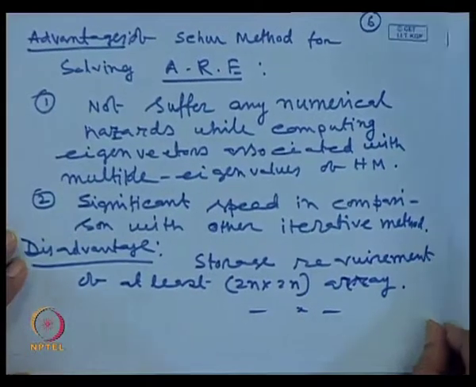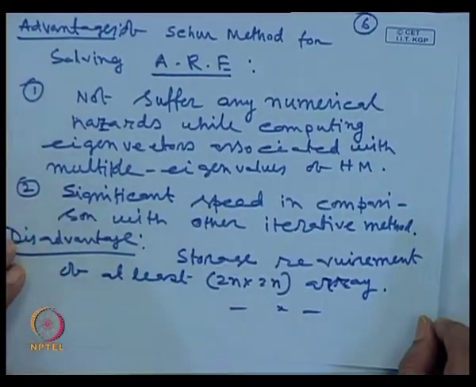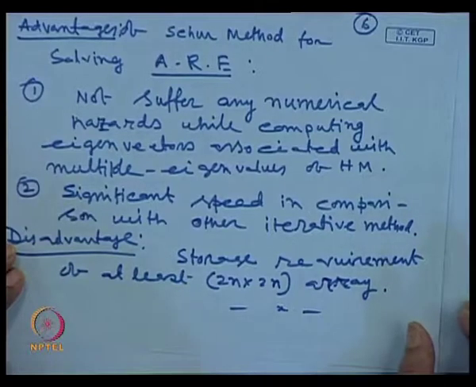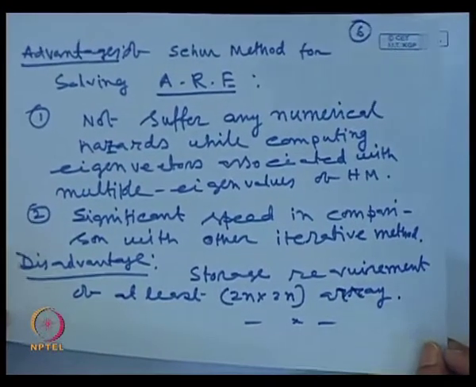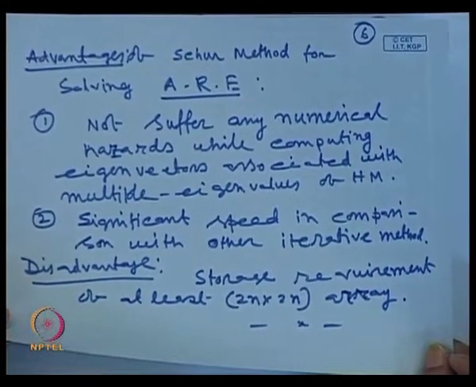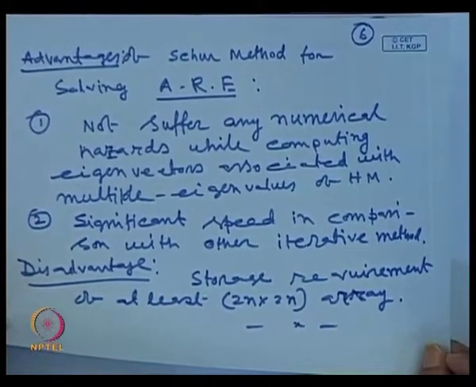So, one can solve the algebraic Riccati equation by the Schur method, or one can solve it by an iterative method, but the Schur method is numerically more reliable compared to the iterative method, because when you have multiple eigenvalues, we have to find out generalized eigenvectors.